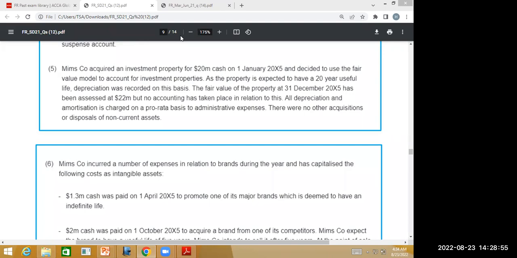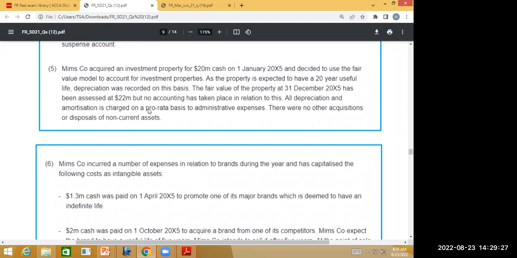Yes, very good. Aisha has solved this question. You simply need to book a gain on the investment property of 2 million. Because under fair value model, we never do charge depreciation under the fair value model for the investment property. So they are just trying to confuse you by giving a useful life of 20 years and other information.